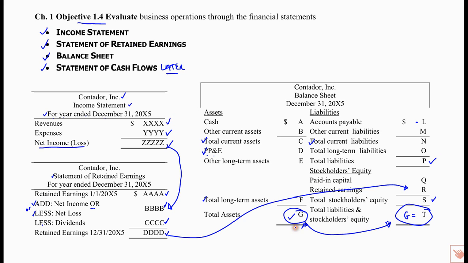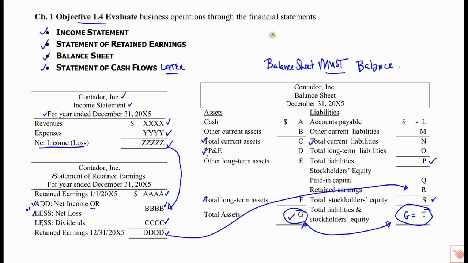And if total assets doesn't equal total liabilities plus total stockholders' equity, then something's wrong on the balance sheet. The balance sheet has to balance. Balance sheet must balance.